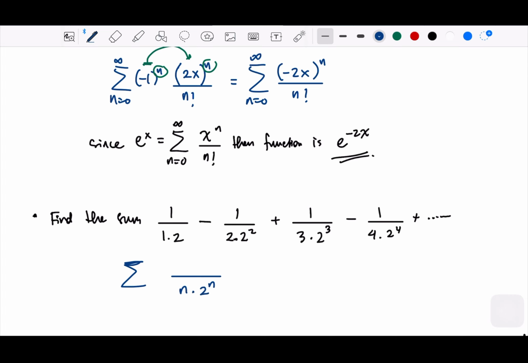But since it starts from n equal 1, we need to adjust our alternating signs, so we can say this is n minus 1, starting from n equal 1.